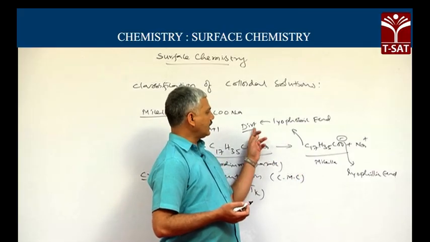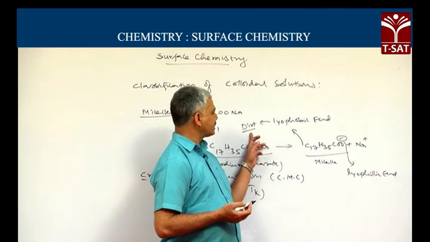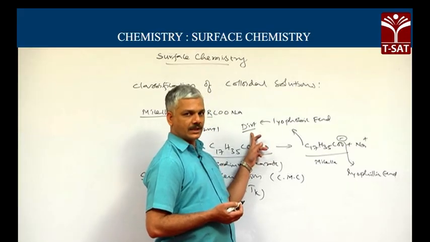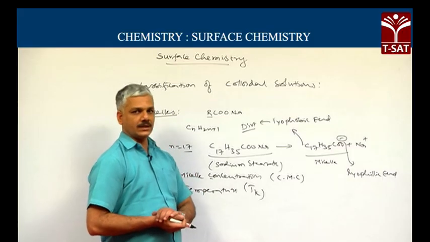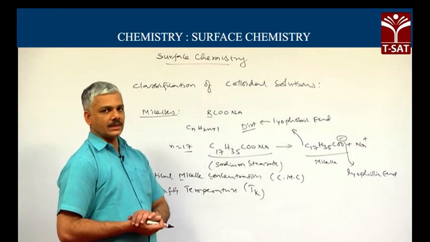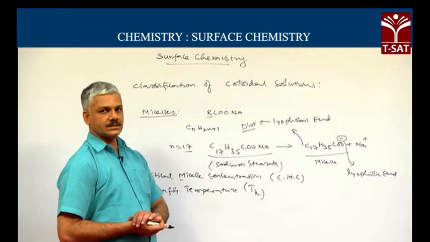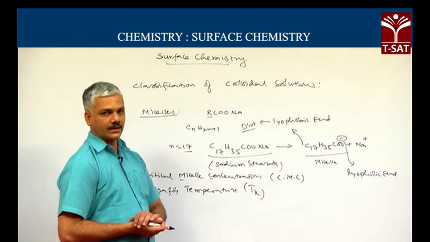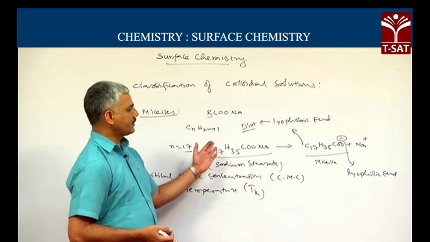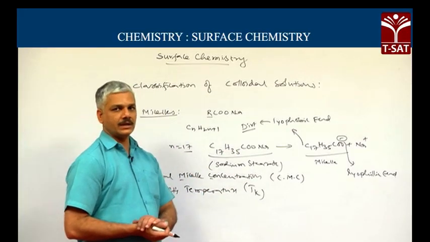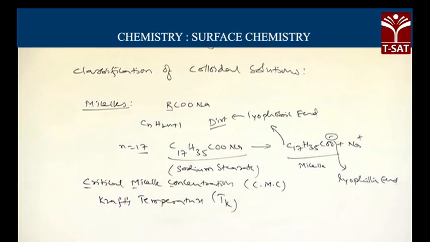In turn, the alkyl group is strongly connected with the dirt particles, which also move along with the carboxylate ion. In this way, the dirt or dust is removed from the surface of cloth or surface of skin. This process is known as the cleaning action of soap.